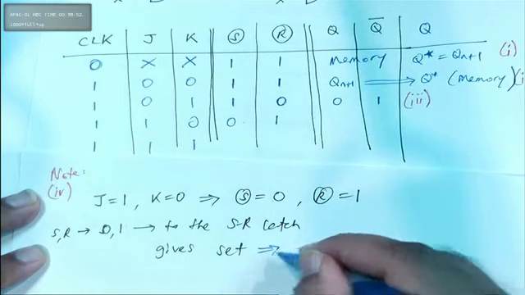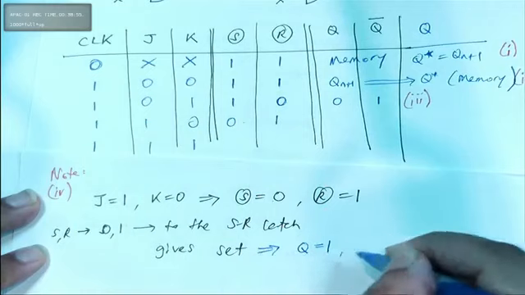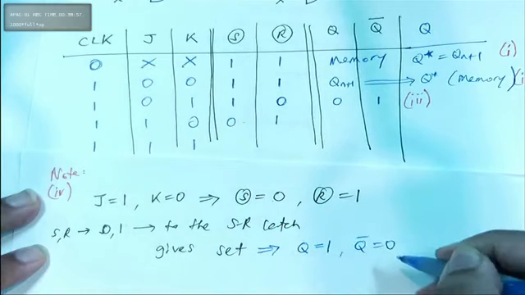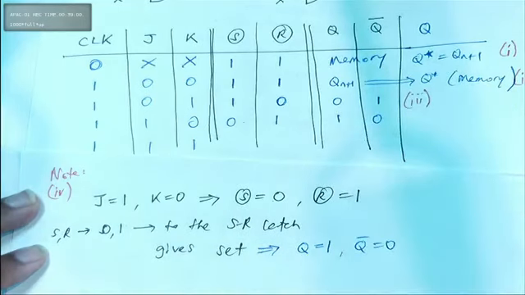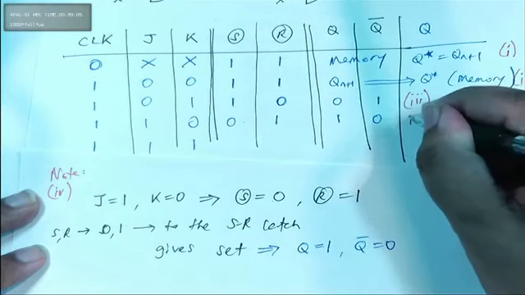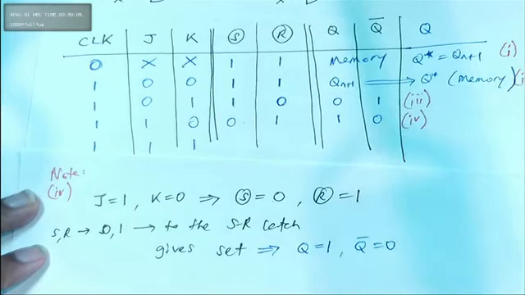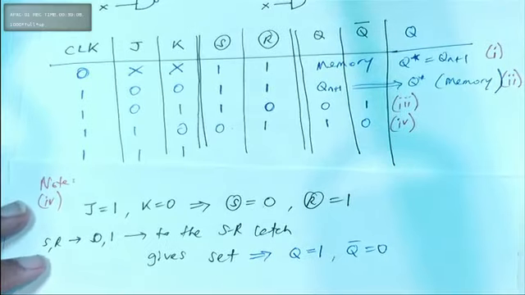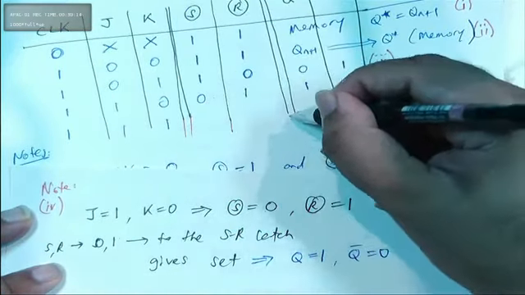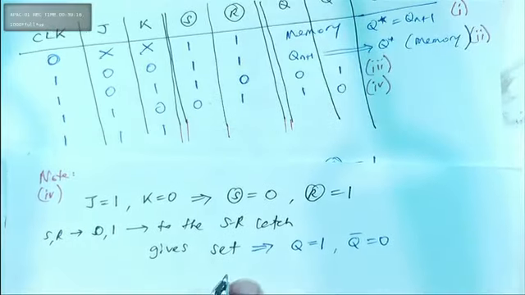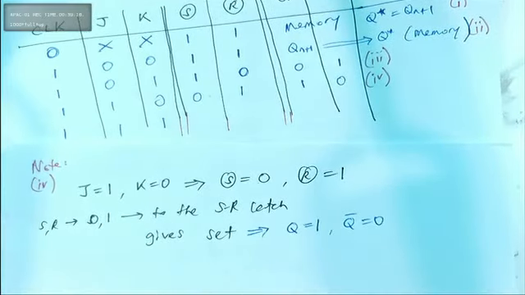Set means what? Q is equal to 1, Q bar is equal to 0. Set. So that's from note number 4. Last one. This is the one way it differs.